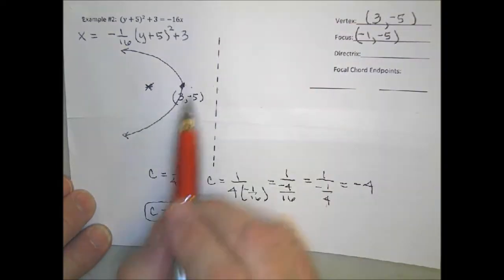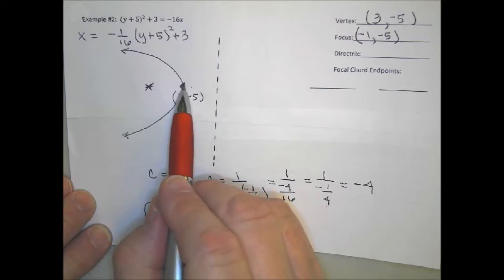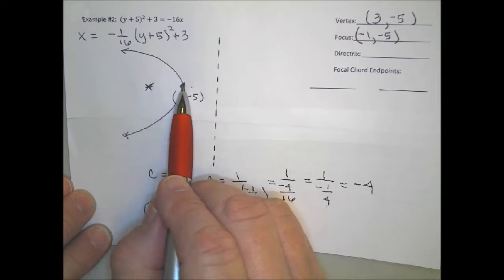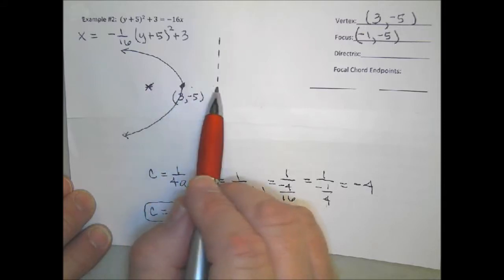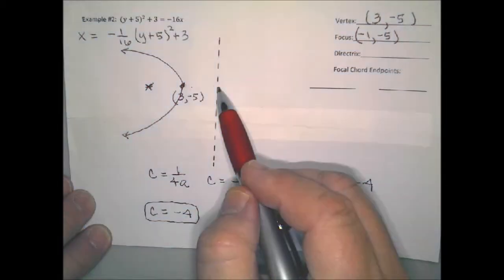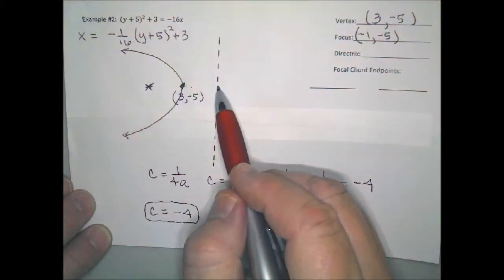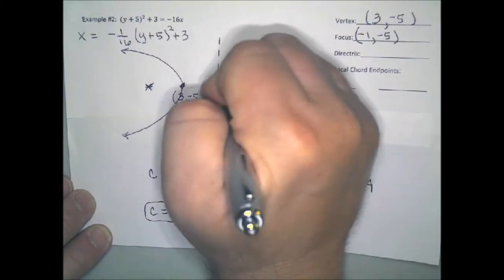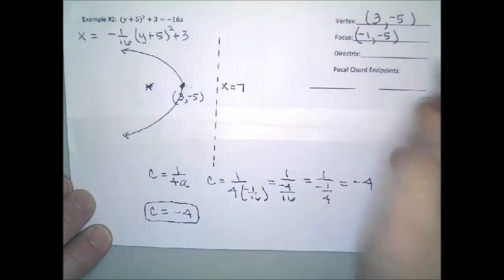Now, if I go those exact same 4 units to the right, if I was at 3, negative 5, and I went to the right 4 units, I'd be at 7, negative 5. But the directrix isn't a point, it's the entire line. So that would be x equals positive 7.